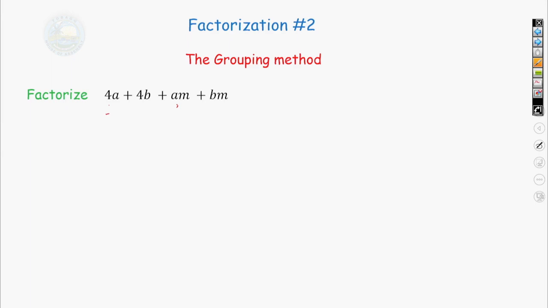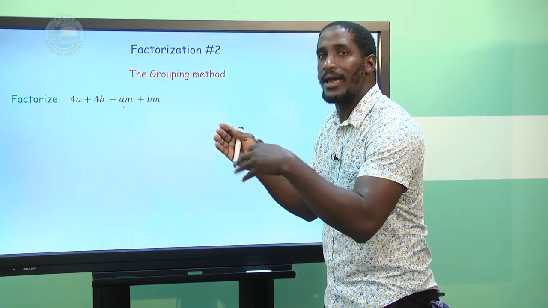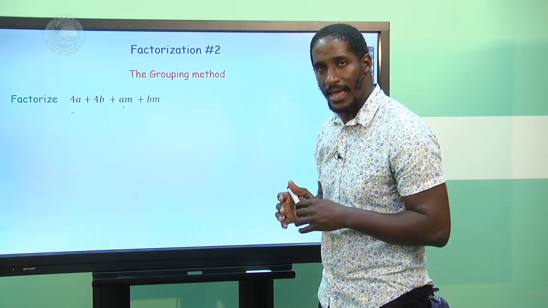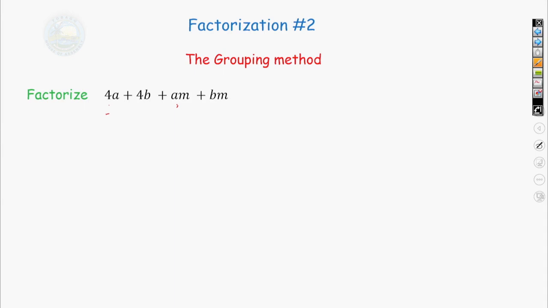So what do we do? Here, we factorize by grouping. We look at the expression and identify terms that may be similar. Here, we recognize that this has 4, this has 4, so these are similar. They would have a common factor of 4. Likewise, here, a common factor of m.